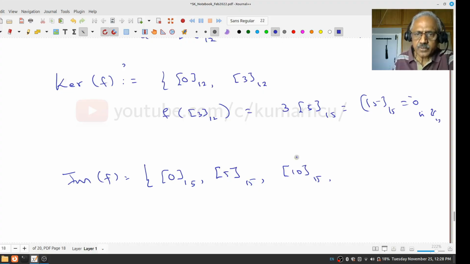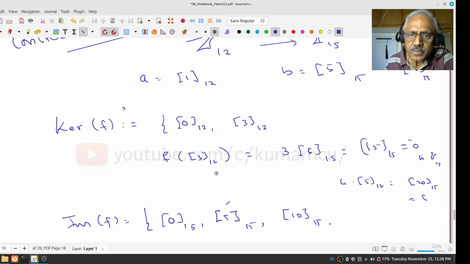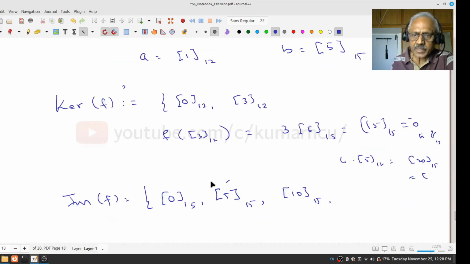4 goes to 4 times 5, which is 20, and 20 is 15 plus 5, therefore it again goes to 5. 5 times 5 will be 25, that goes to 10. And 6 times 5 is 30, which is 2 times 15, therefore 0.